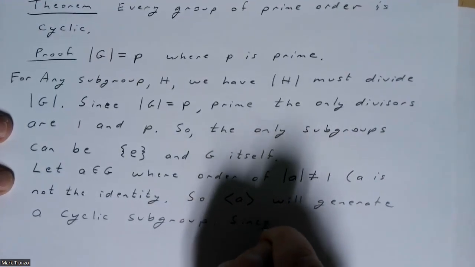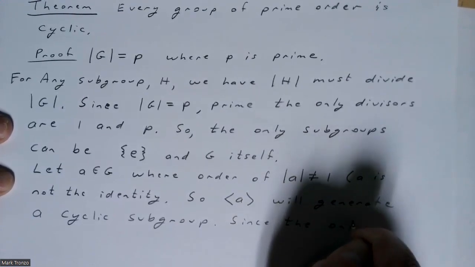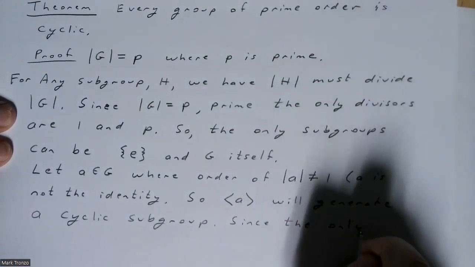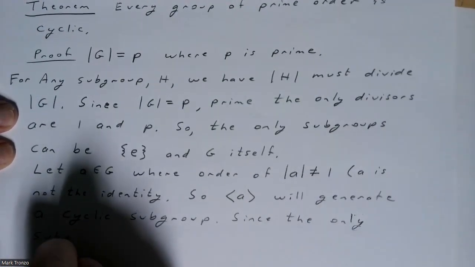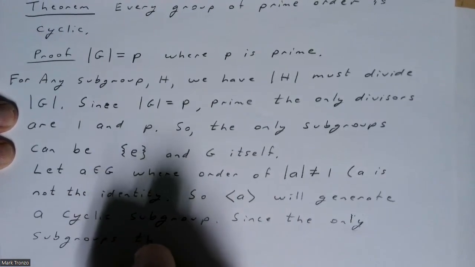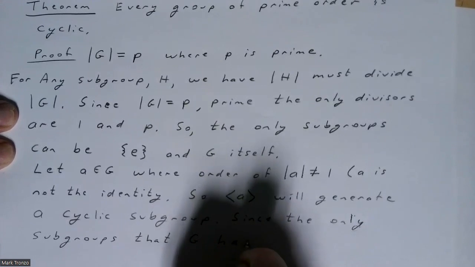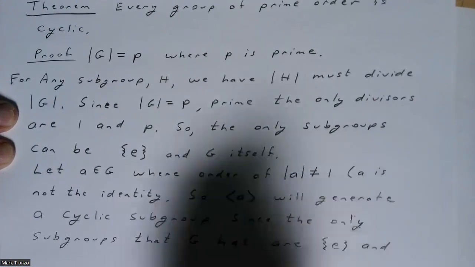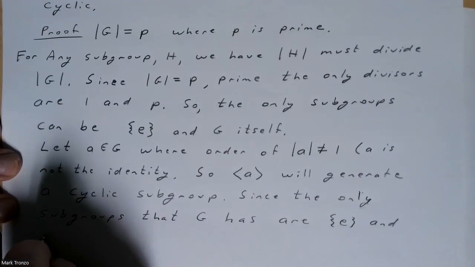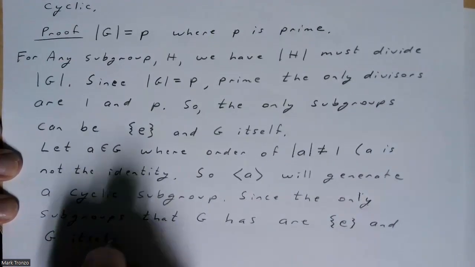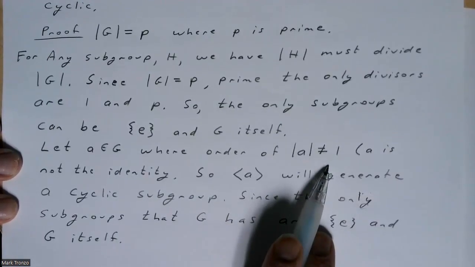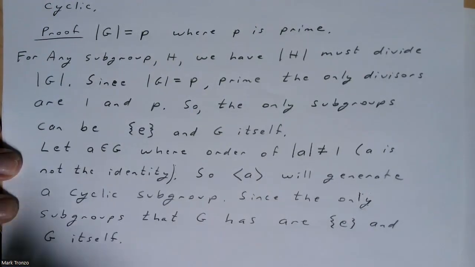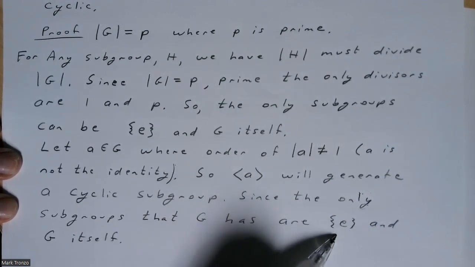And since the only subgroups that G has are E and G itself, and since we're picking A such that A is not the identity, then it's going to generate a subgroup that's different from the identity.